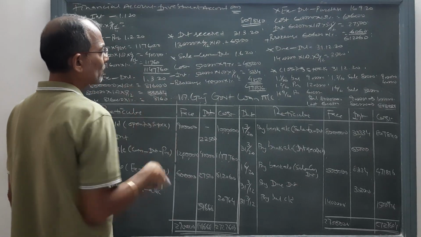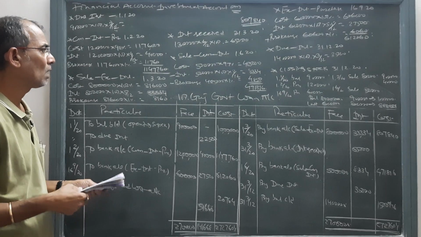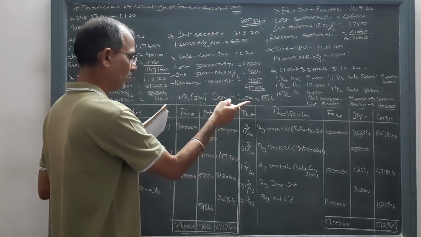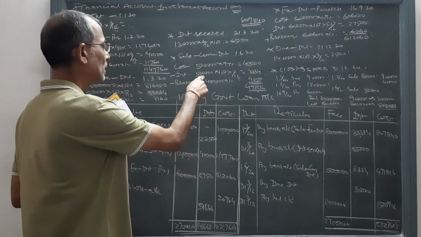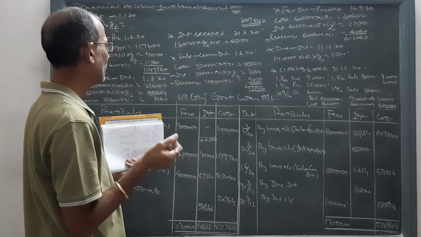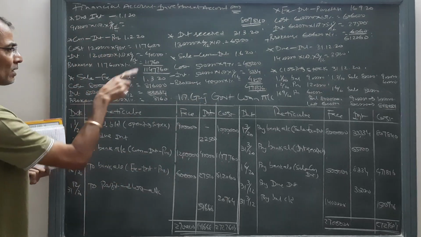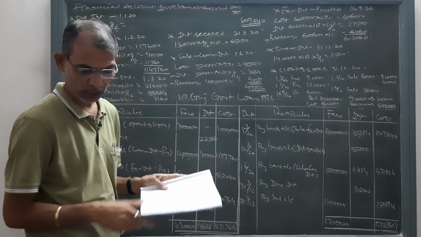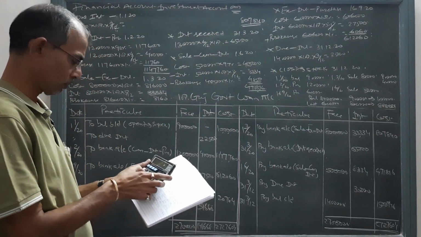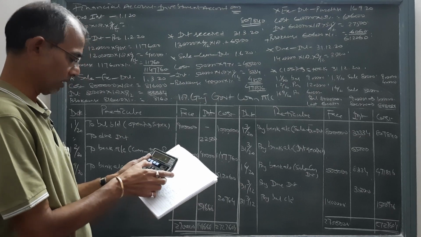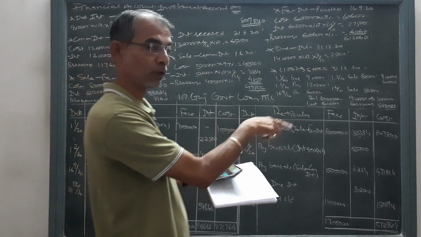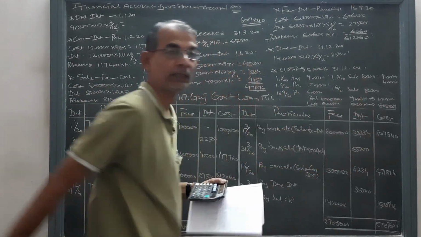Interest 10% for 2 months. How 2 months? April and May, because the last interest was received on 31st March. Brokerage 1% of 4 lakh 85,000, 4,850, which will be subtracted, and interest also will be subtracted, and the amount will come 4,85,000 minus 4,850 minus 8,334, that is 4,71,816 on the credit side of the account.